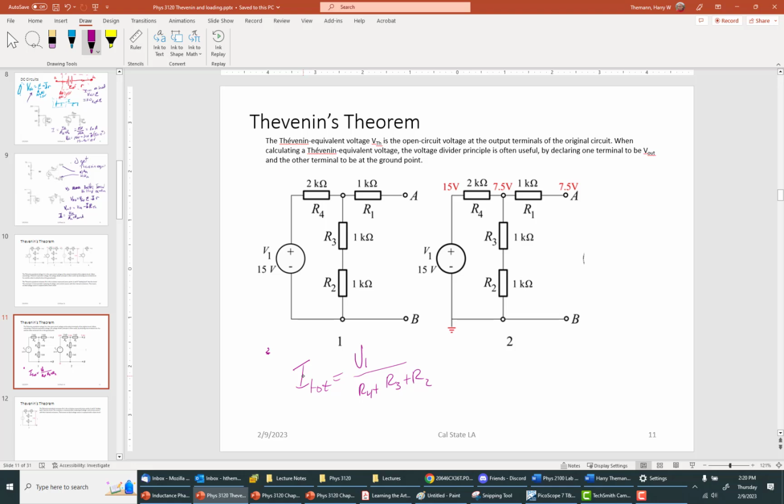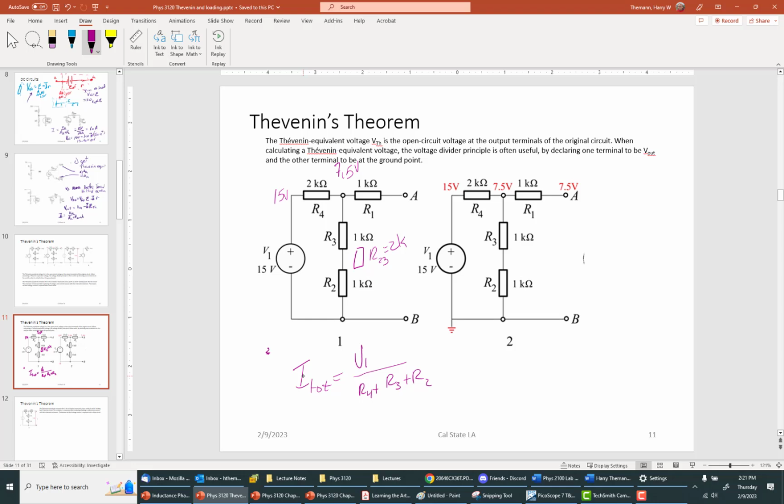Now one thing you could notice, which is convenient in this particular case, is that you can put an equivalent resistance here, R23, which happens to equal 2K. So then you have a voltage divider with 2K and 2K. You know it's 15 volts here because it's the output of the voltage supply, and V out is going to be half of that, 7.5 volts, because you have a voltage divider made of two equal resistances.